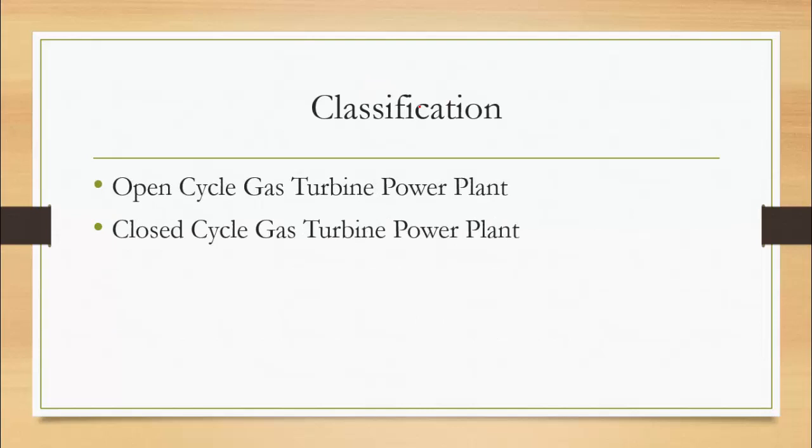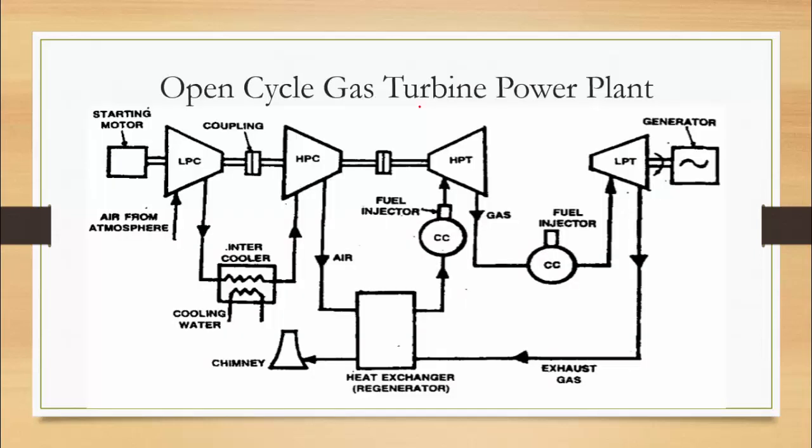Okay. The gas turbine can be classified into open cycle gas turbine power plant and closed cycle gas turbine power plant. Here I am giving you a layout of the open cycle gas turbine power plant. In this layout I am using two compressors, that is a low pressure compressor here, and another, a high pressure compressor here.